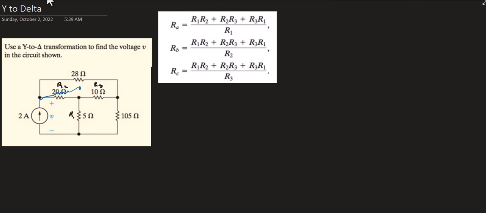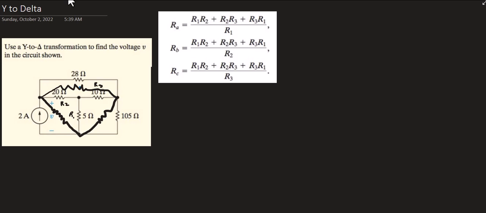Let me draw that better. Okay, so that's R2. So the top part is like that, and then we have our side, and then we have our side there. If you squint, that looks like a triangle.